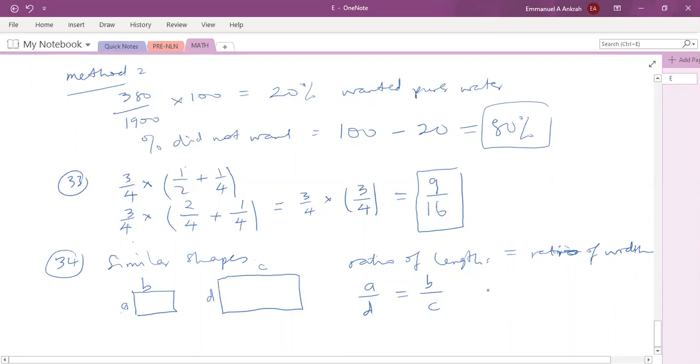Or I can do the other way around: the ratio of the length to the width, A to B, should be the same as the ratio of D to C. You just have to be consistent.